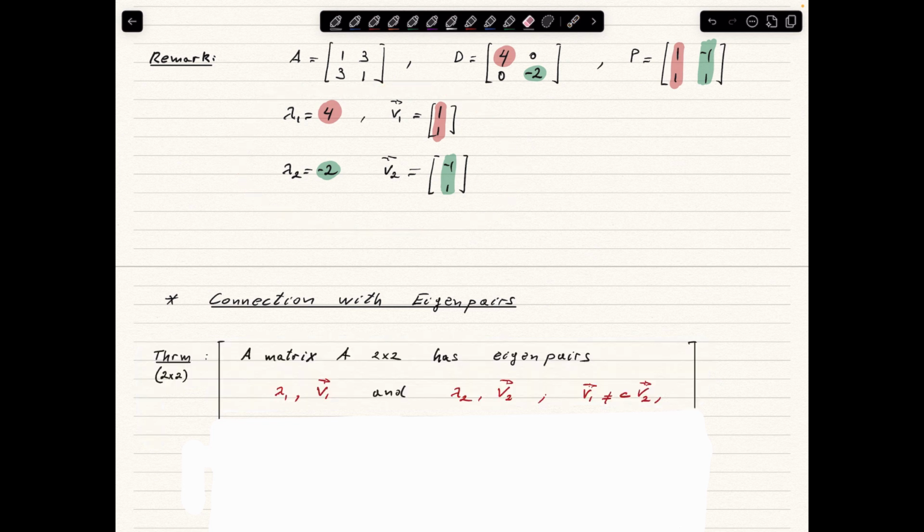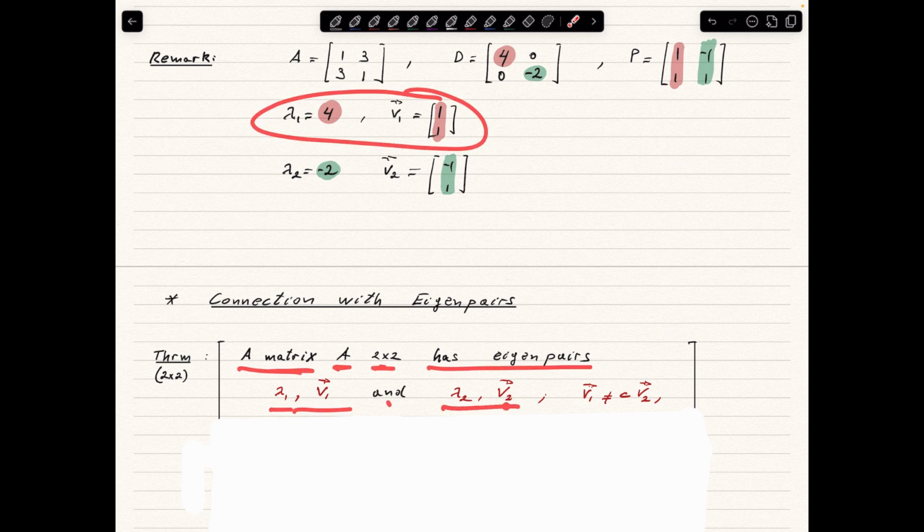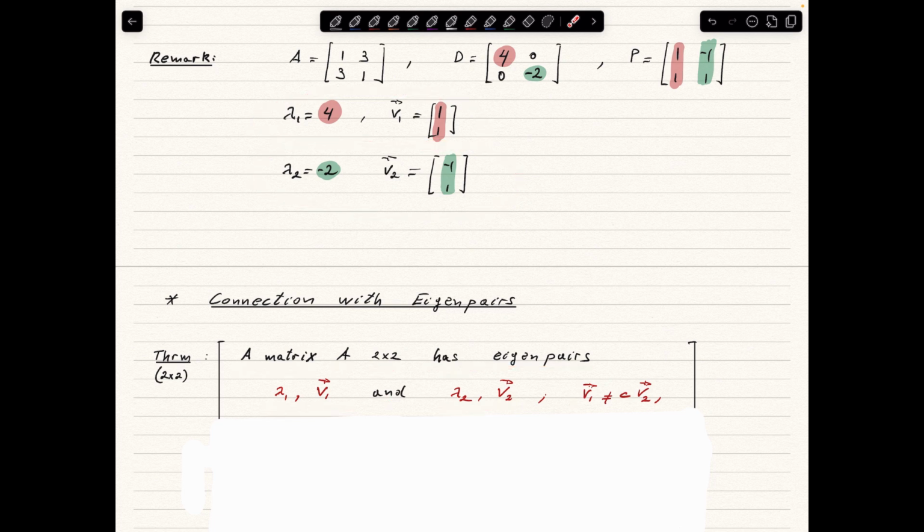Here is the result. Suppose we have a 2 by 2 matrix A with eigenpairs lambda 1, v1, like for example here, and lambda 2, v2, like for example here. And suppose one important condition: the two eigenvectors are not proportional to each other, just like here.